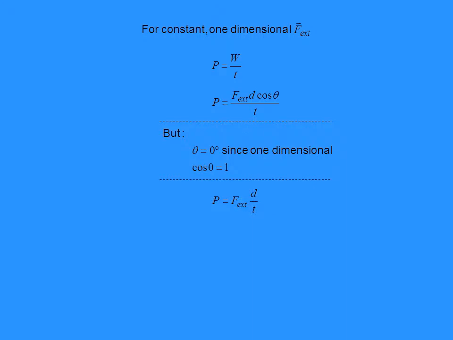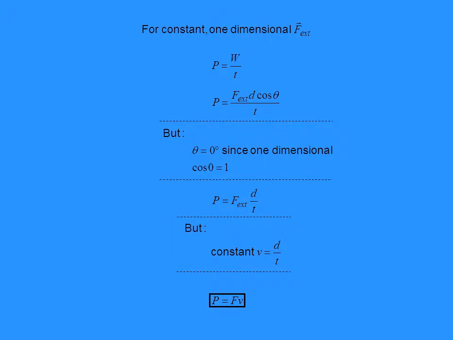So we end up with an equation we could write as external force times distance over time. Now, why did I write it that way? Well, because hopefully distance over time is setting off bells in your head. Distance over time is what we defined way back in the toy car lab as constant speed. Right? Constant speed is distance over time. And therefore, we make a little substitution, and we get the handy power equals force times speed.